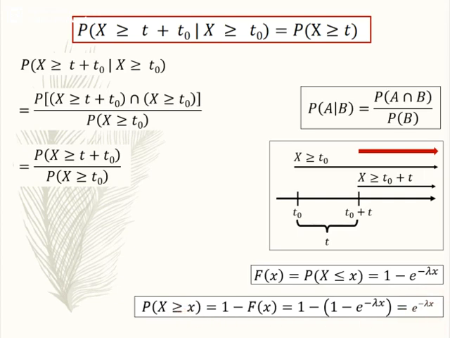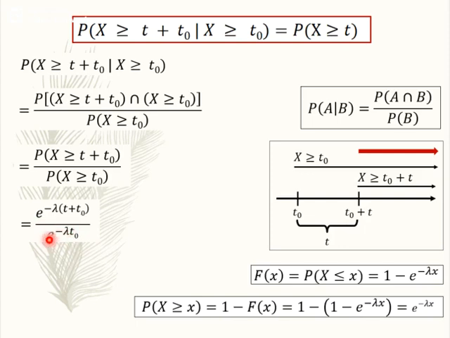Now that I have this expression for x greater than or equal to some value, I can apply it directly here. So instead of x, I have t plus t0. So I can replace the numerator with e to the power of minus lambda, and then in brackets t plus t0, and I'll do the same thing for the denominator.